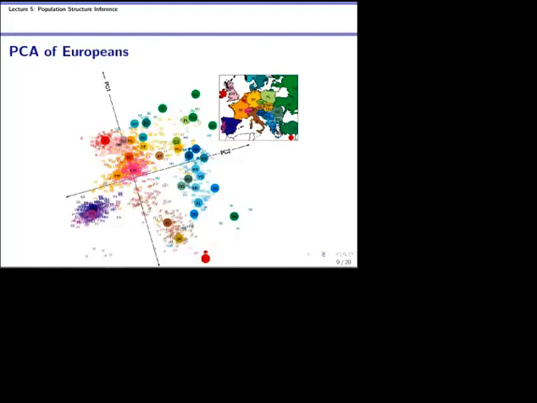A wrong thing that people have been doing for these rare variant association tests, and I'm putting in a card for the horse a little bit, because I think Mike's going to talk about the rare variant association test, is they do PCA based on the common variants, and then adjust for the principal components for the common variants in the rare variant association test.